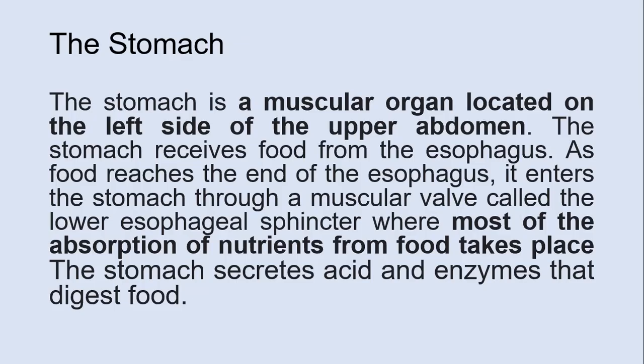Next is the stomach. The stomach is a muscular organ located on the left side of the upper abdomen. The stomach receives food from the esophagus. As food reaches the end of the esophagus, it enters the stomach through a muscular valve called the lower esophageal sphincter, where most of the absorption of nutrients from food takes place.